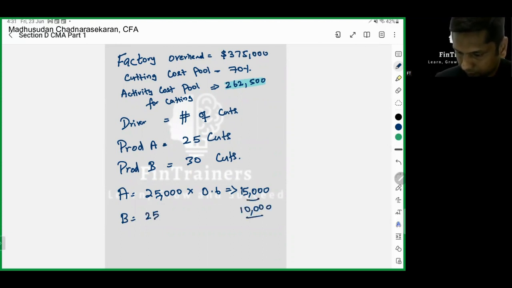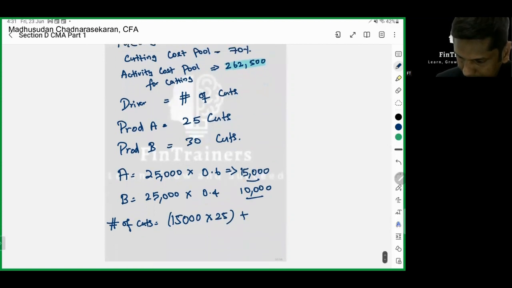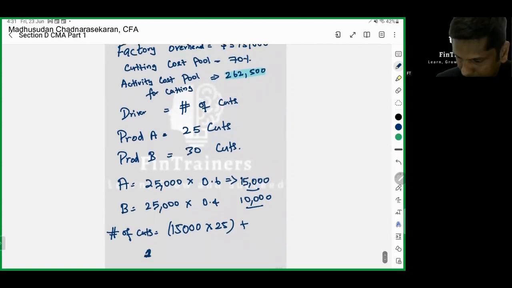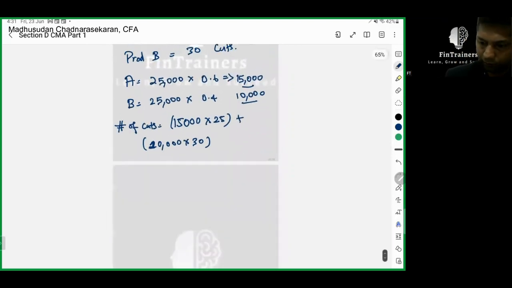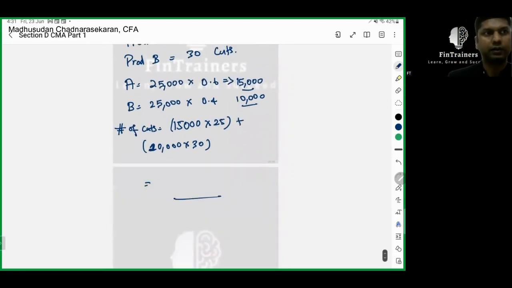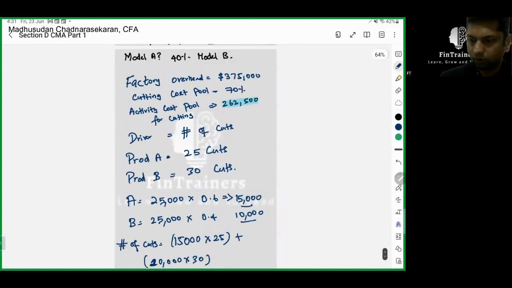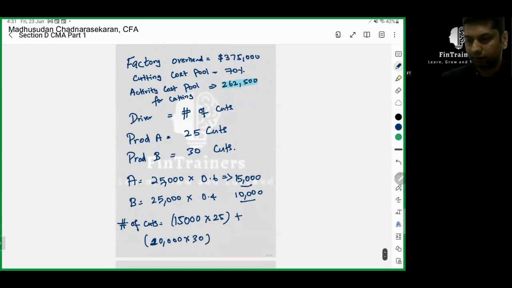Now, the number of cuts required: 15,000 times 25 plus 10,000 times 30. What is the total number of cuts now? 675,000. Wonderful.